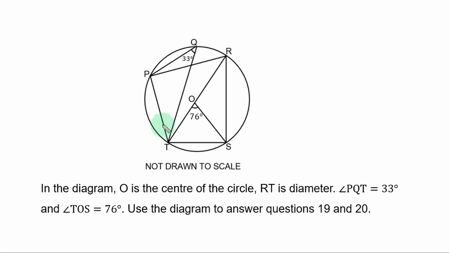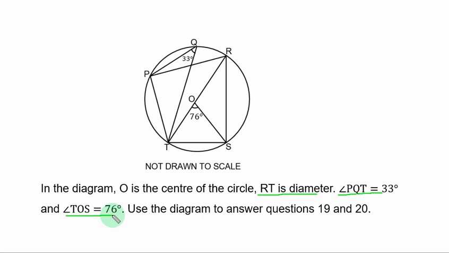In the diagram, O is the center of the circle, ROT is a diameter, angle PQT is 33 degrees, and angle TOS is 76 degrees.